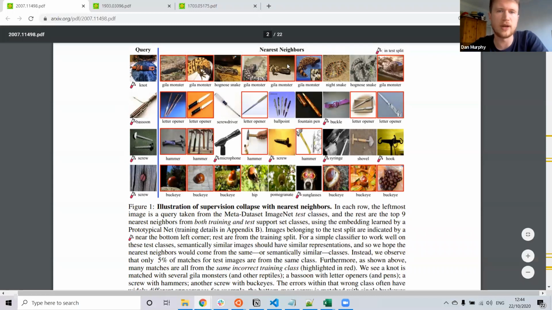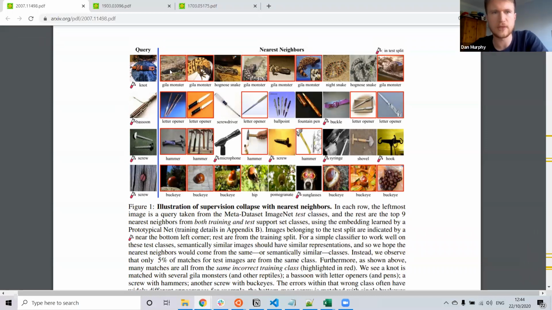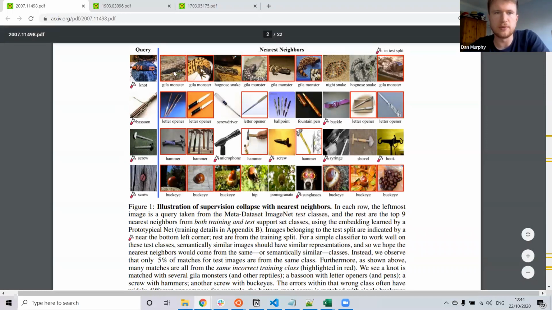And on the right here, these are the nearest neighbors of the embedding of this query. And we can see that they're not really relevant for the most part. So we would end up classifying this image as something that it's not.